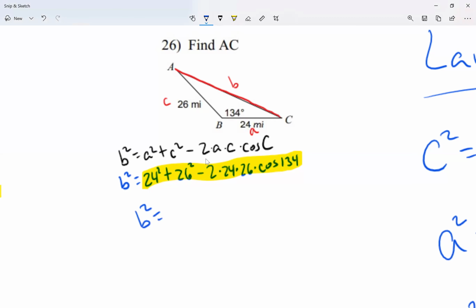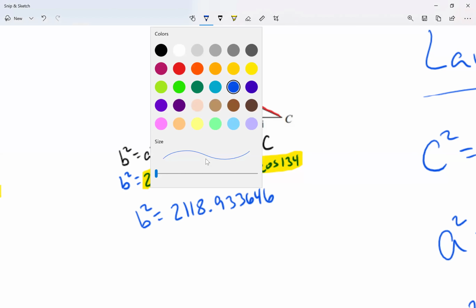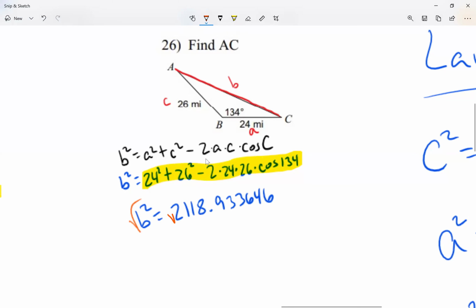So I'm going to say B squared is equal to 2,118.933646. Let me get the square root of each side. So that's going to give me B, which is what I'm solving for. Now I don't have to type it in all again.